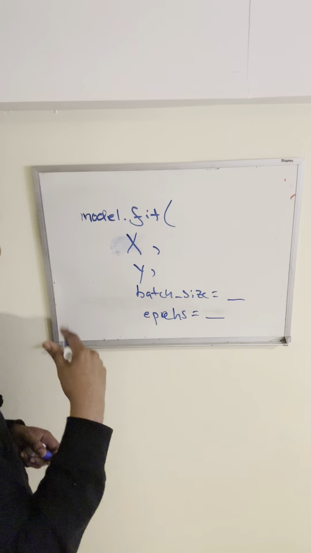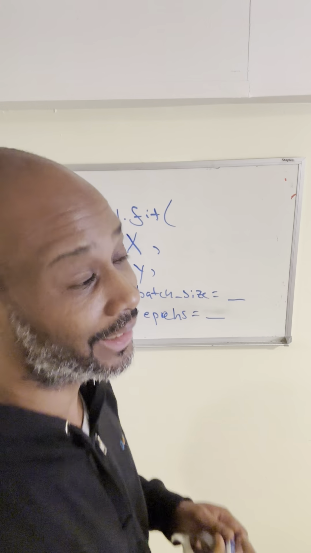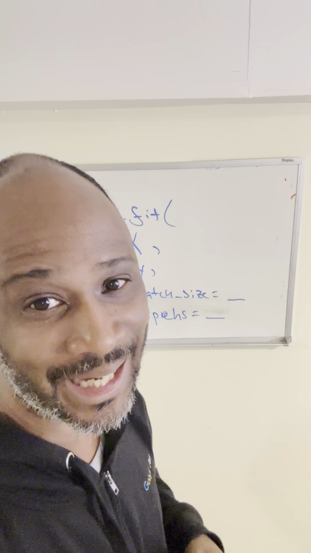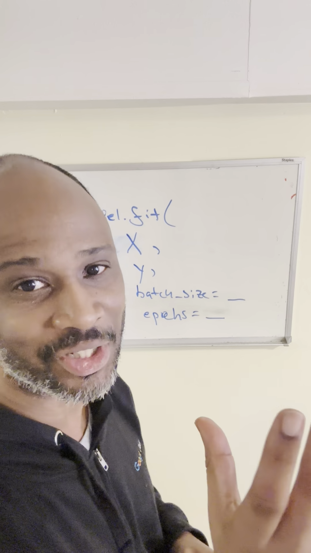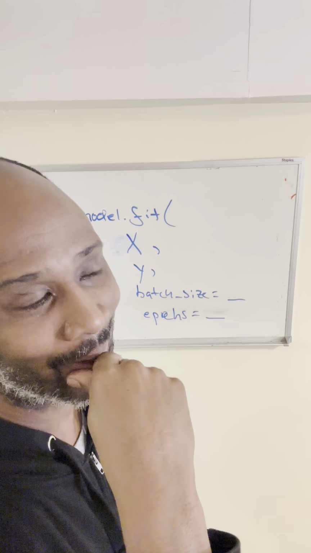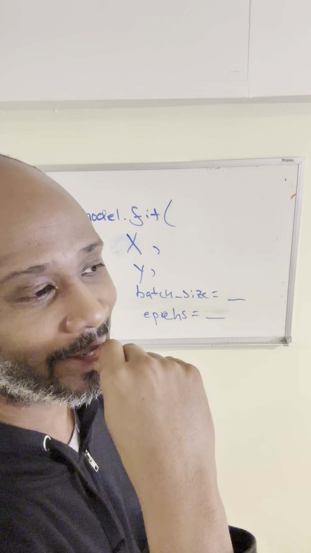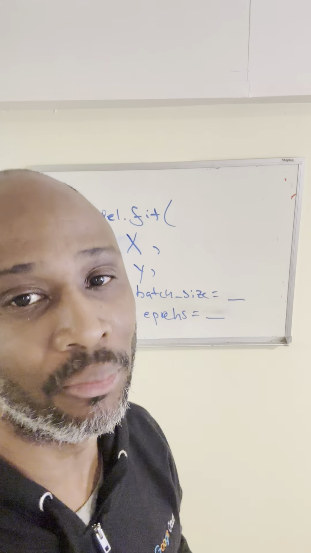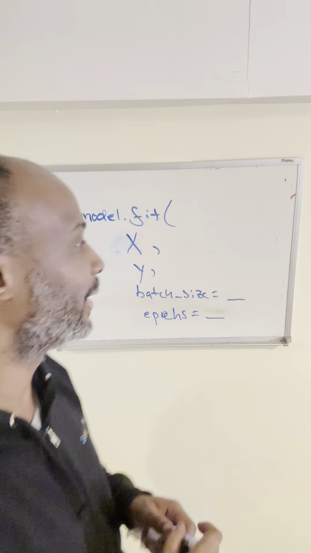Epochs is just how many times we're going to do this. And actually, this might have been a good time to do the PyTorch, because with the epochs, you have an actual for loop, so you can kind of see the way that works.